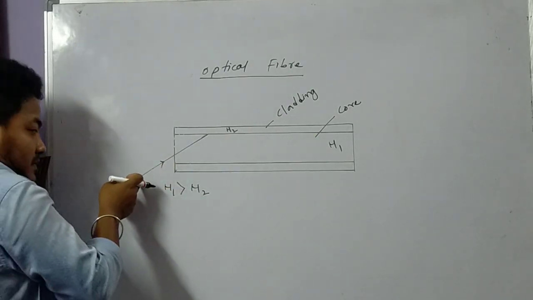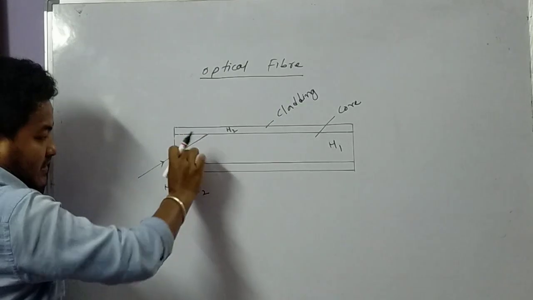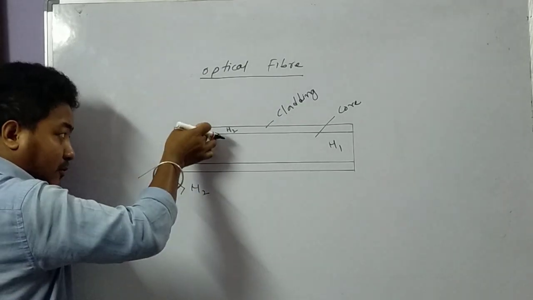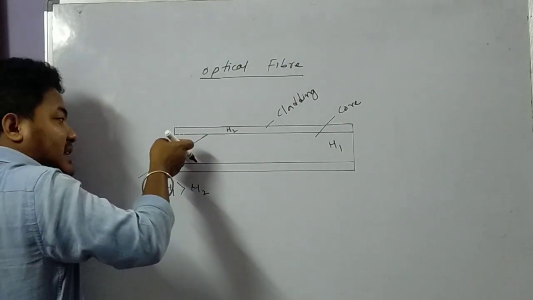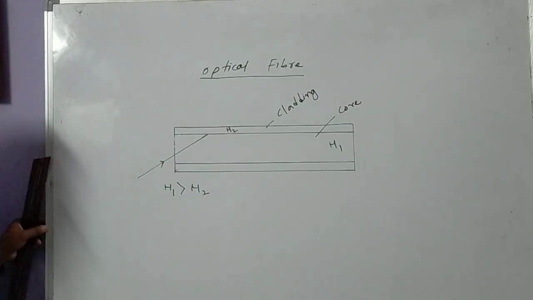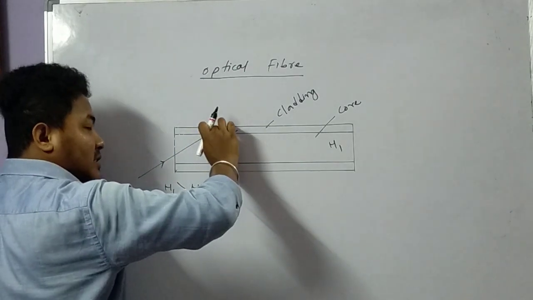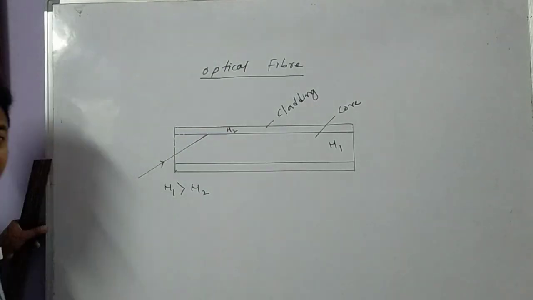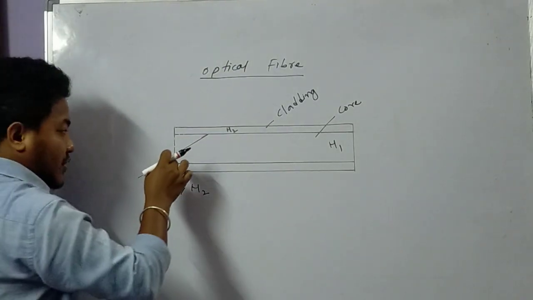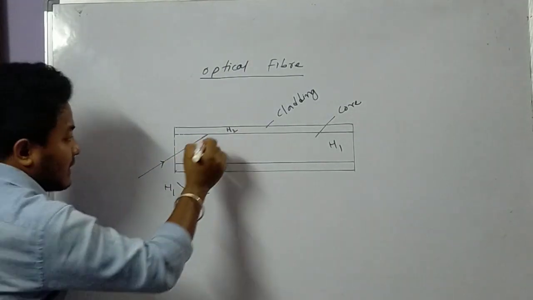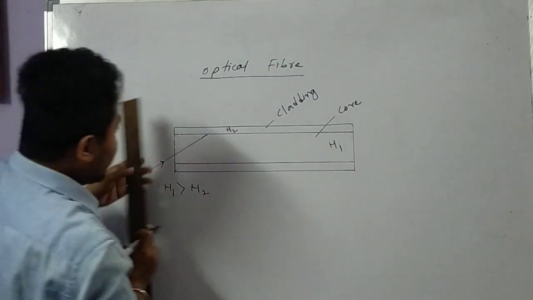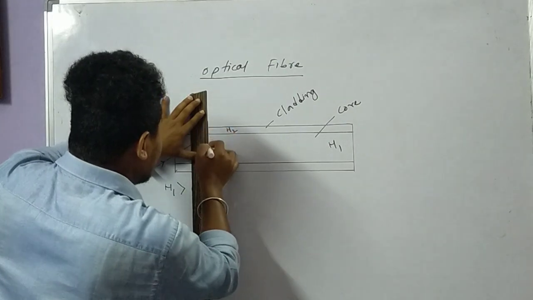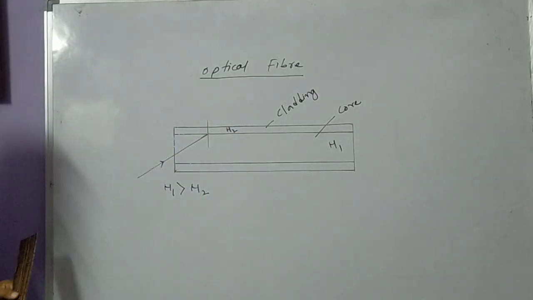As this is sent this way, what will happen? This signal will be traveling from the denser medium to the rarer medium. Am I clear? This is the denser medium and this is your rarer medium. As you all know, once it travels from denser to rarer medium, at this particular point the angle of incidence will be greater than the critical angle.